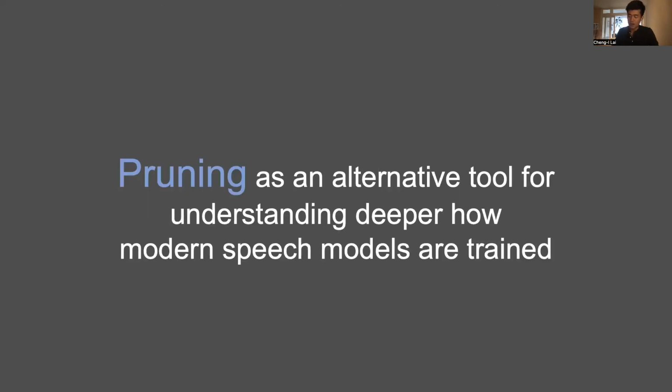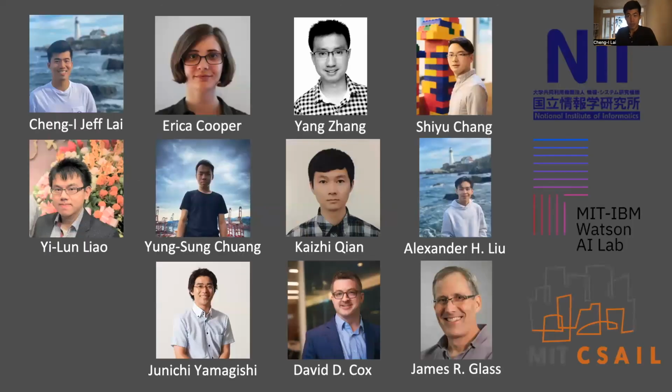An even higher-level message that we aim to deliver is that pruning could be an alternative tool for us to understand more deeply how modern TTS models are trained, and it sometimes reveals properties that were not obvious before. And this concludes the presentation.